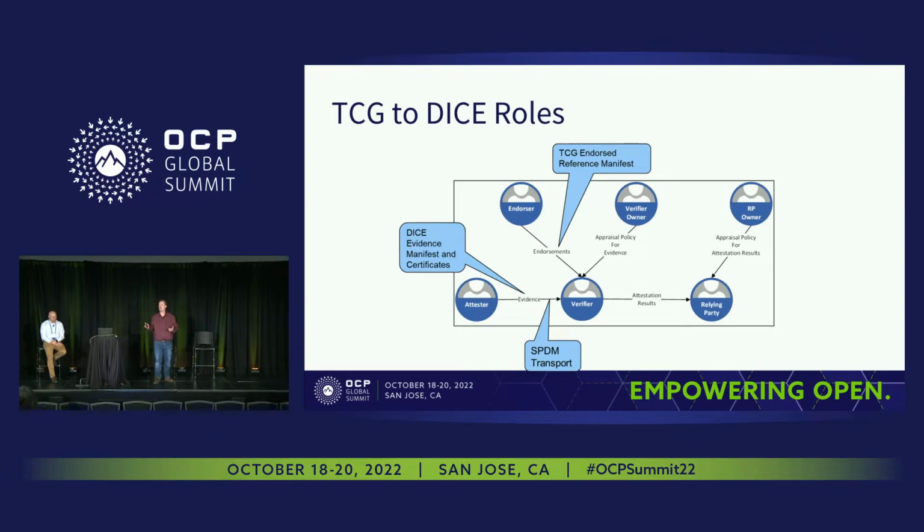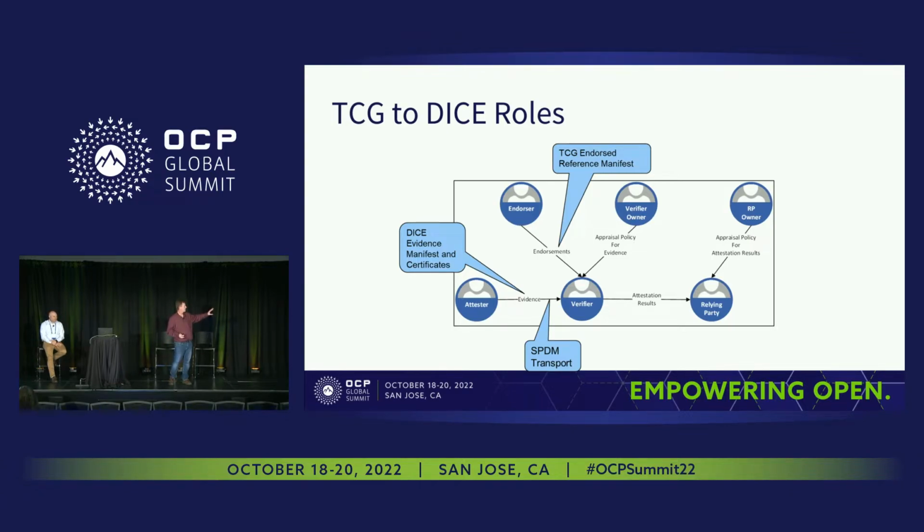But first, what are the pieces that we're bringing together? This binding spec really wasn't trying to go in new directions or create new artifacts. It was really trying to show how to take pieces of the ecosystem and pull them together. This is a pretty common diagram. We stole it out of another TCG specification, and really just wanted to show the pieces that we're talking about in the binding spec.